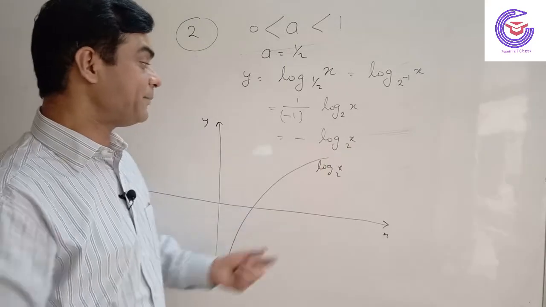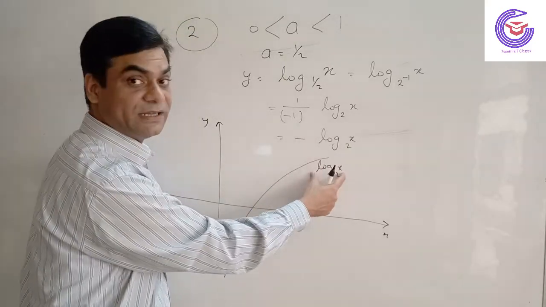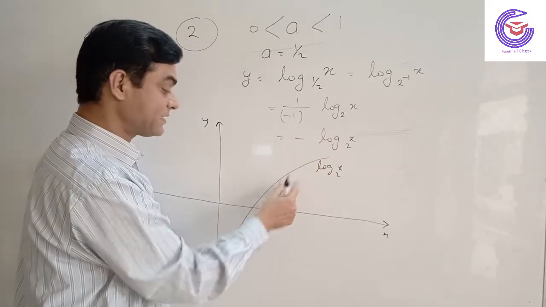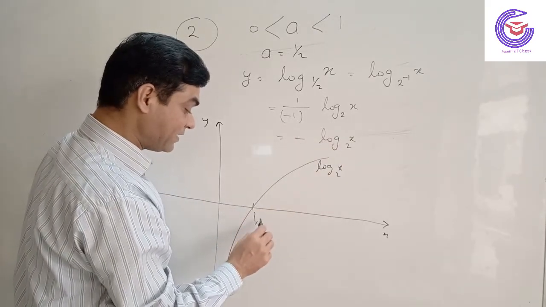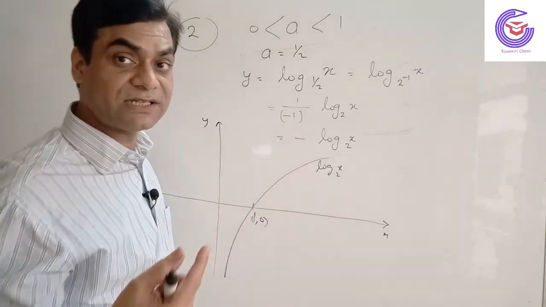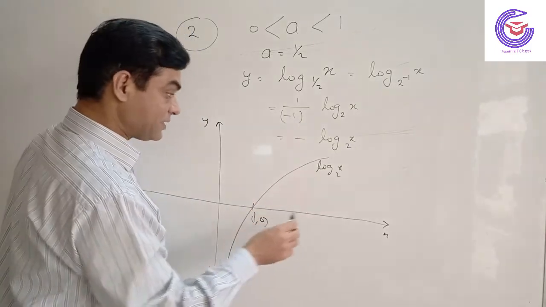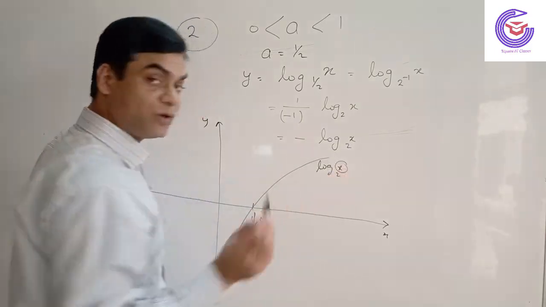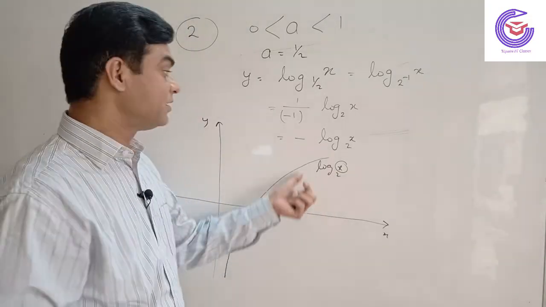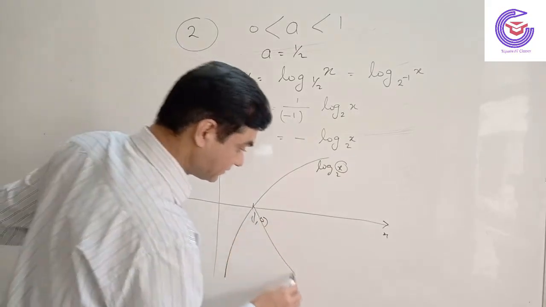Wherever you were getting a positive value, in this case you will get a negative value. When x is greater than 1, you get a positive value for log x base 2, but for minus log x base 2 it becomes negative. Suppose x was 2: you were getting 1, but in this case you will get minus 1. So it will go like this.